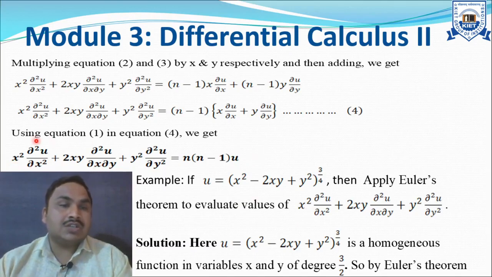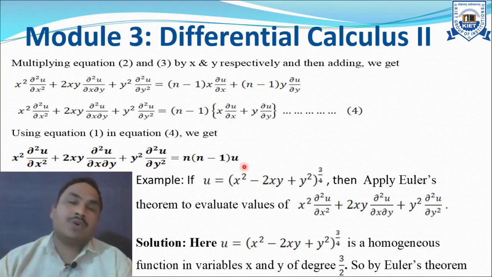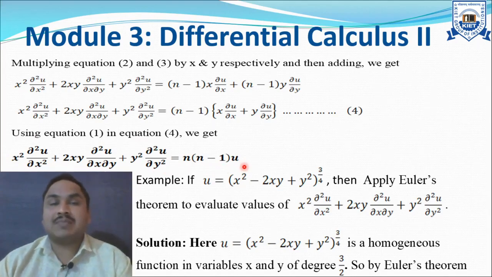This result is known as the statement of Euler's theorem in terms of second order derivatives. So this is also a statement of Euler's theorem in terms of the second order derivatives of u, and it can be applied in a problem directly.